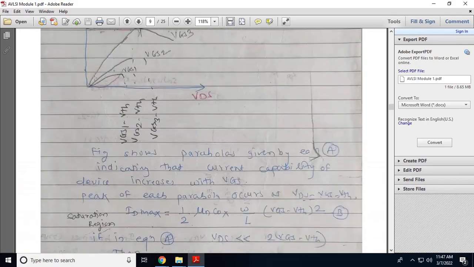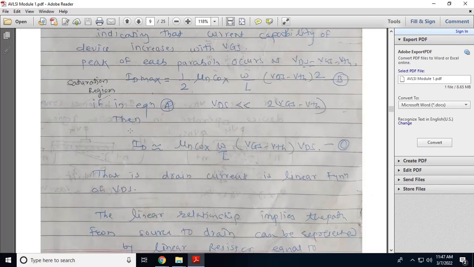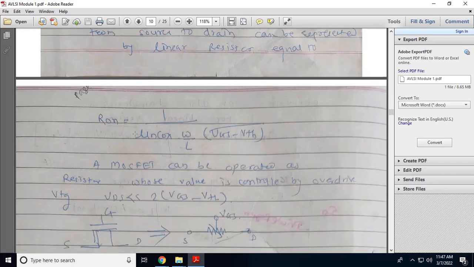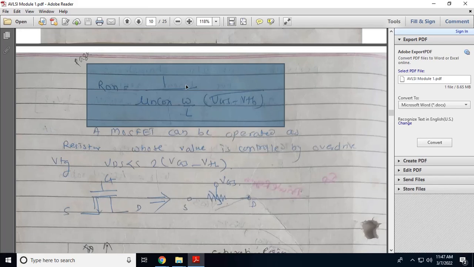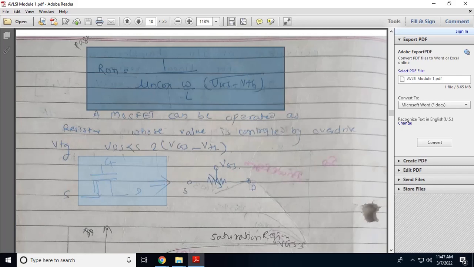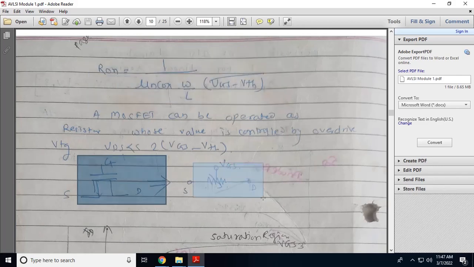So in the deep triode region, the transistor can act as a linear resistance, given by this equation. The transistor is replaced with a resistance between source and drain, whose value is controlled by VGS.